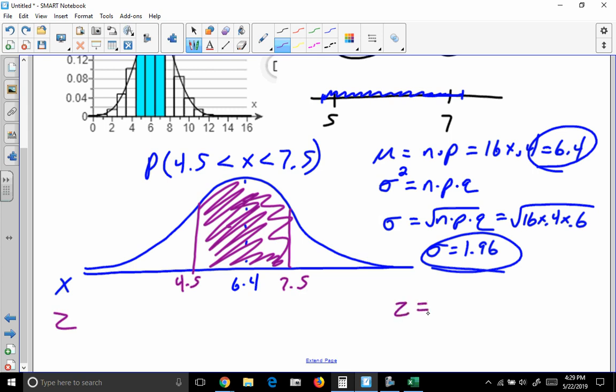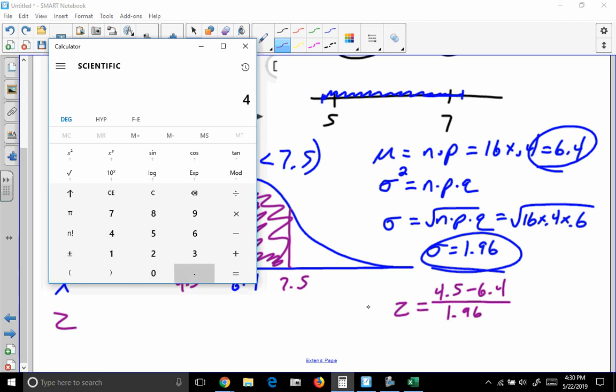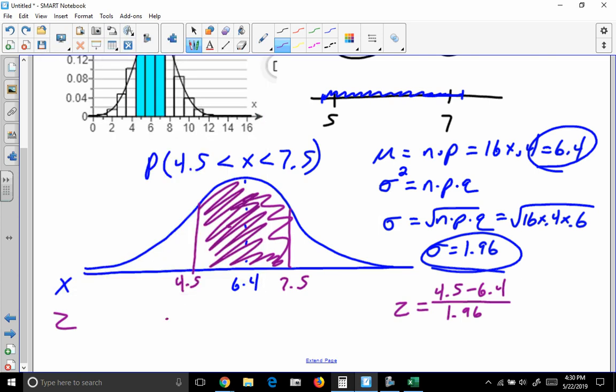So in terms of z, our data value minus the mean over the standard deviation. So 4.5 minus 6.4, divided by 1.96, gives about negative 0.97 for this z value.